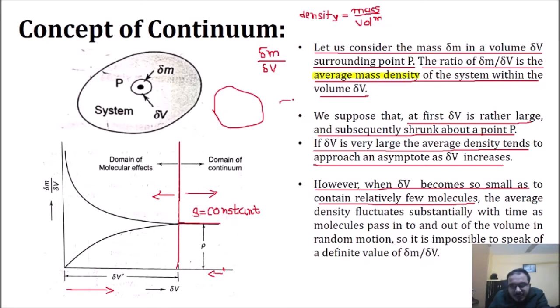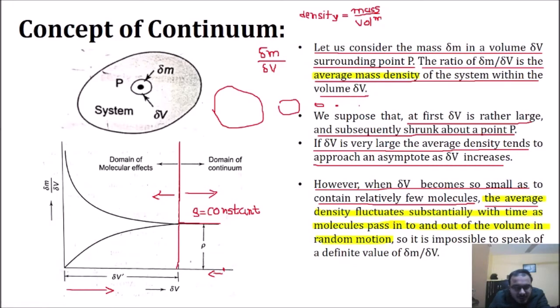But when we keep on reducing it, then relatively very few molecules will be present inside this small volume. In such a case, when molecules are very few, the average density fluctuates substantially. So this is an important part here. The average density fluctuates substantially with time as the molecules pass in or out of the volume in random motion.